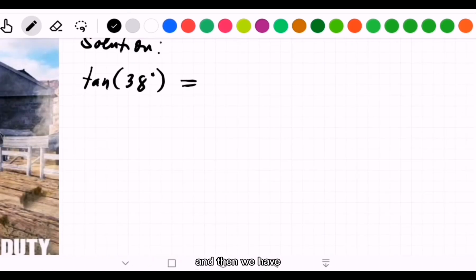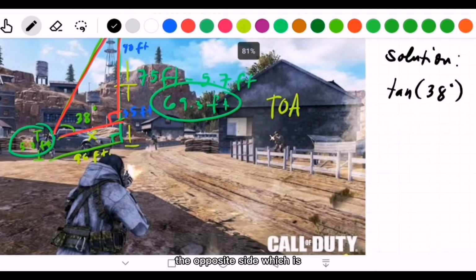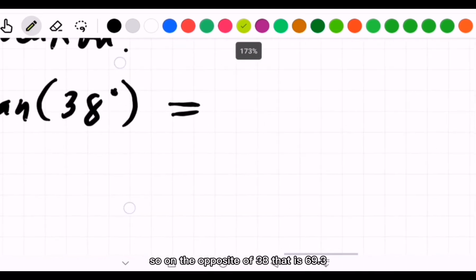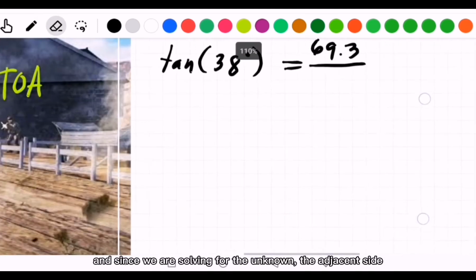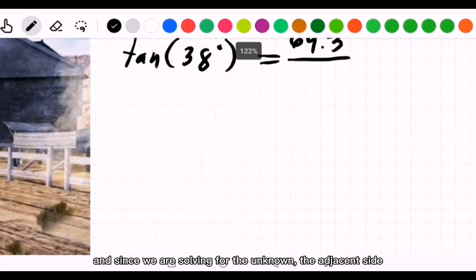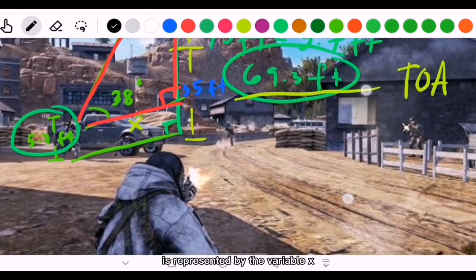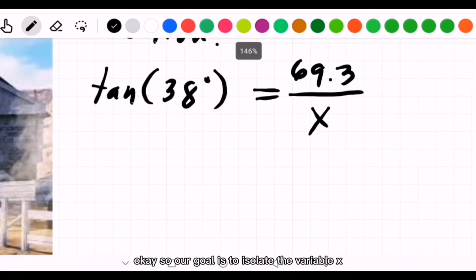And then we have the opposite side, which is 69.3 feet. So on the opposite of 38, that is 69.3. And since we are solving for the unknown, the adjacent side is represented by the variable x. Okay, so our goal is to isolate the variable x so that we will be able to find the value of that.